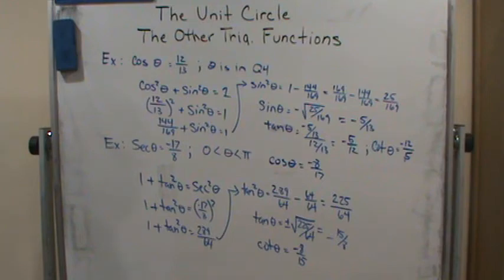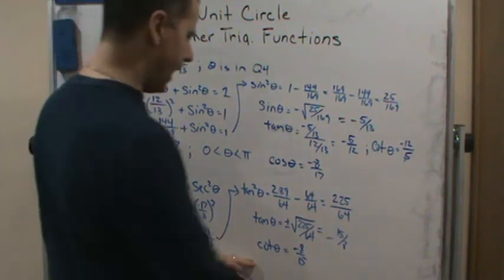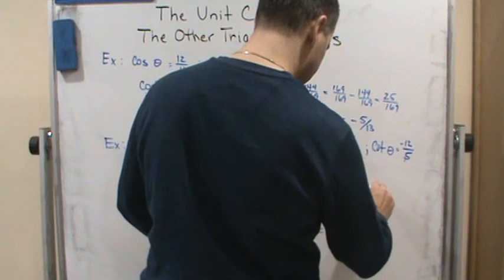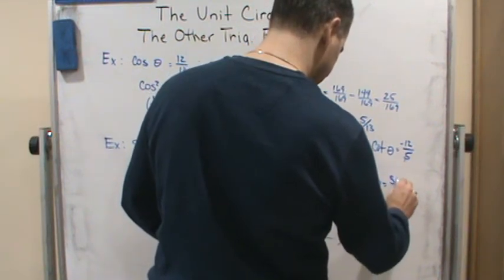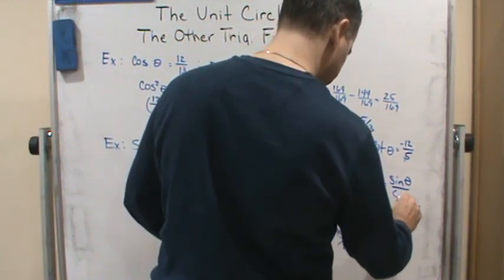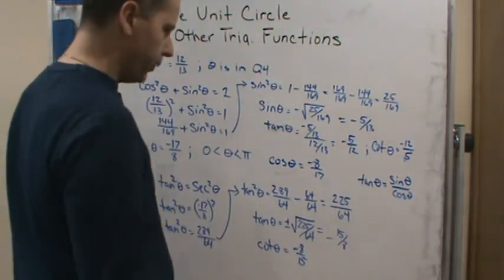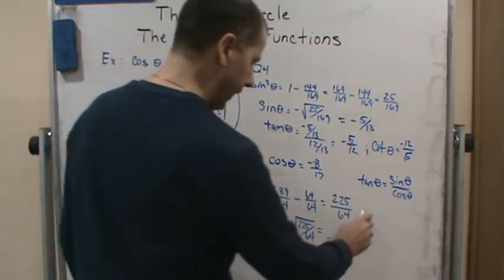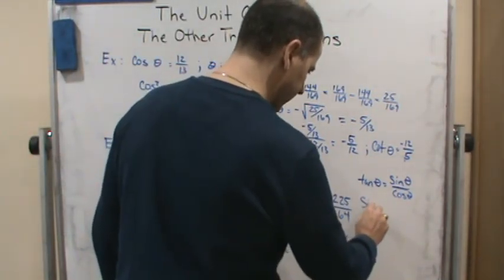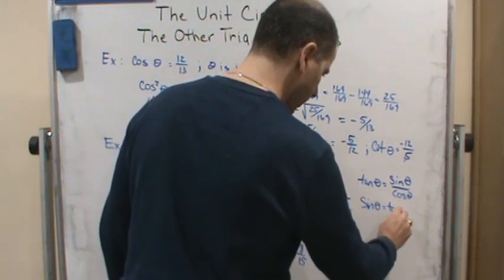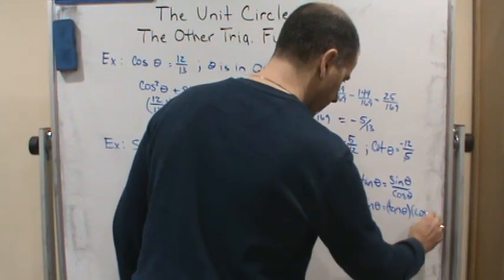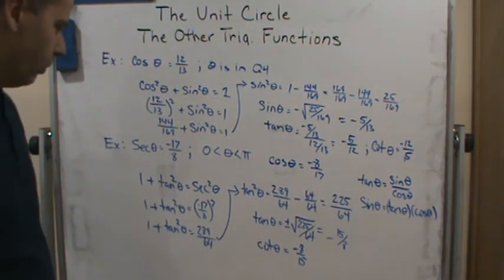Okay? And since tangent, right? So think about this. Since tangent theta is equal to sine over cosine, well then we can solve for sine. So we can multiply both sides by cosine, and so sine theta equals tangent theta times cosine theta. Well, what's tangent theta?